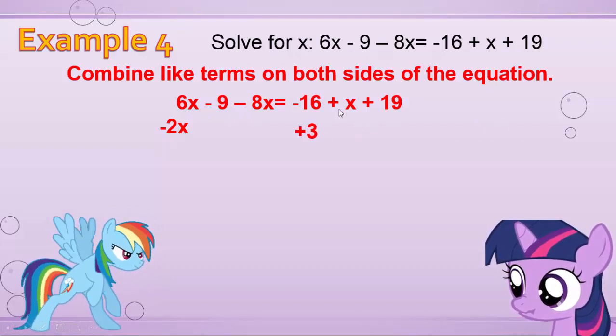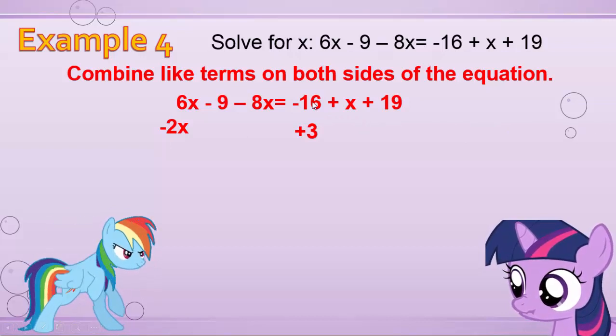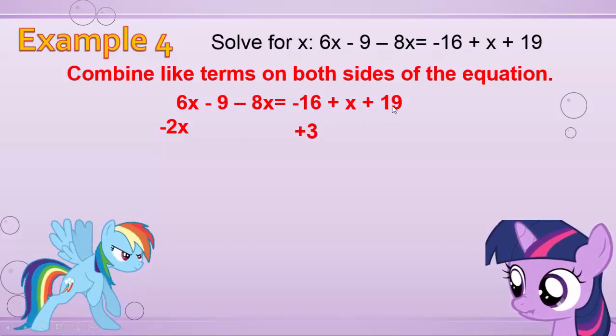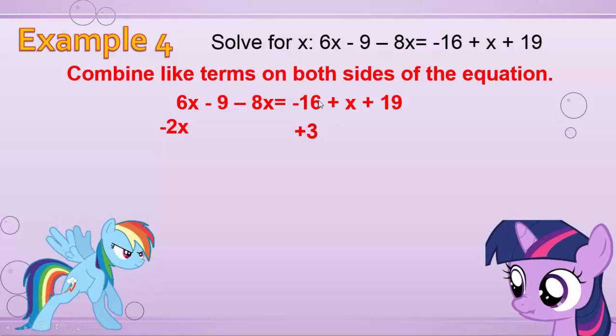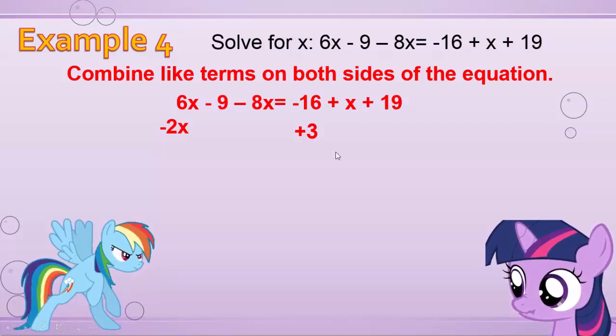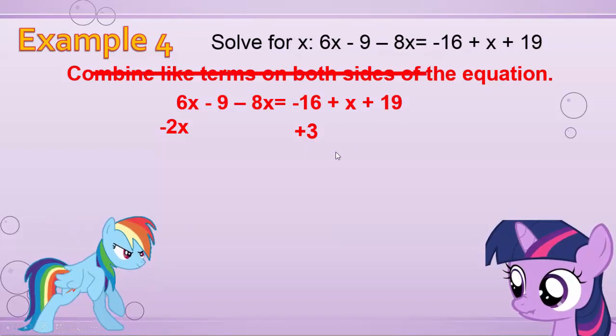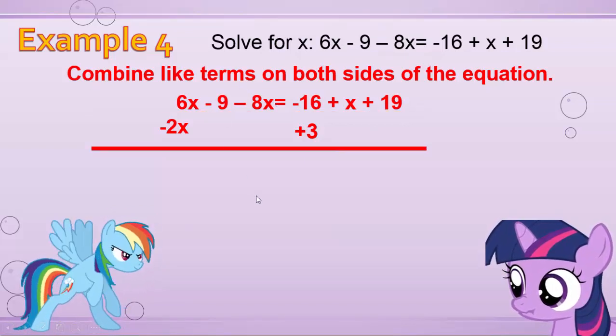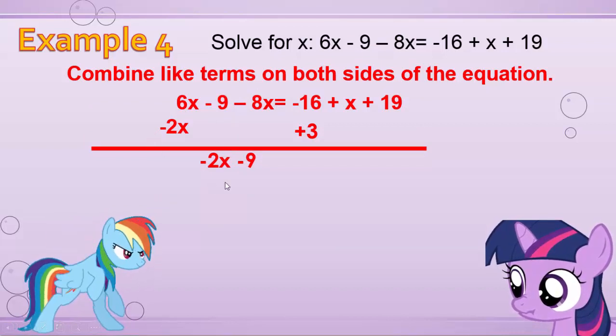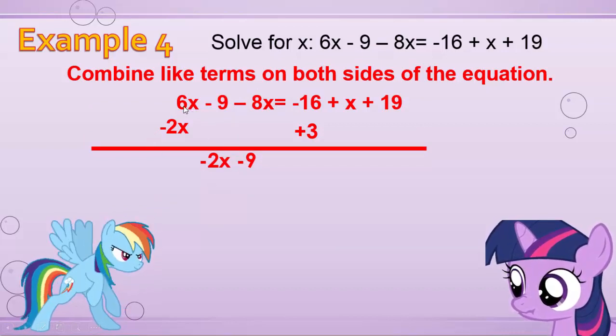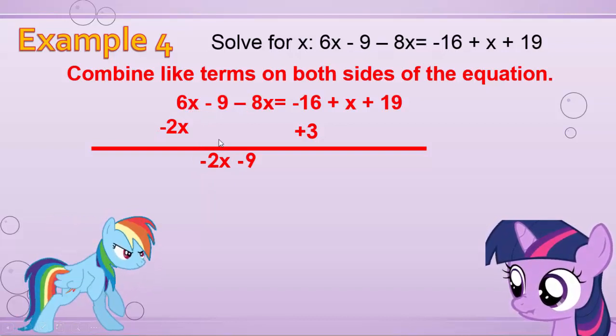On this side, the like terms are negative 16 plus 19. If we add negative 16 plus 19, we get positive 3. We then bring down the negative 2x, because when we combined 6x minus 8x, we got negative 2x.